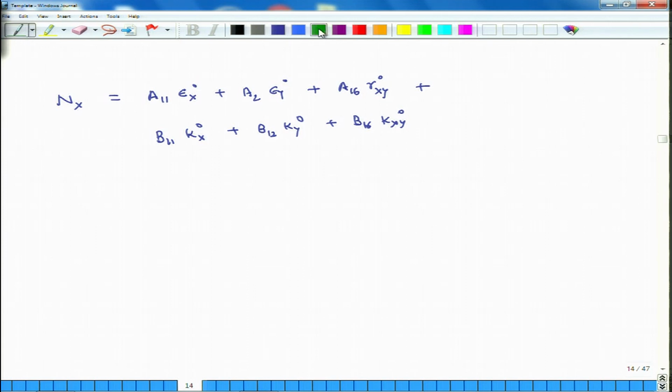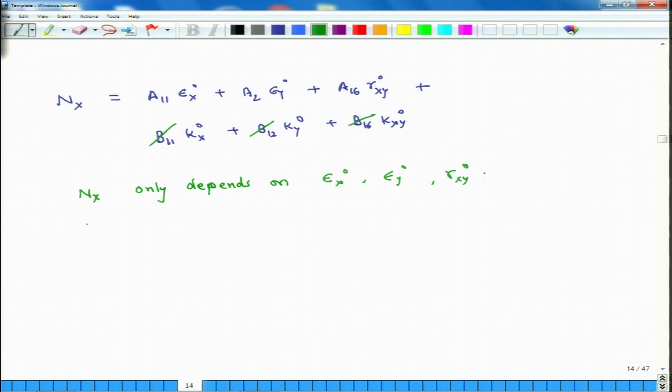And because the matrix is symmetric, these terms go away, the b terms go away. So, what that means is that nx only depends on epsilon x naught, epsilon y naught and gamma xy naught, because B matrix is 0.